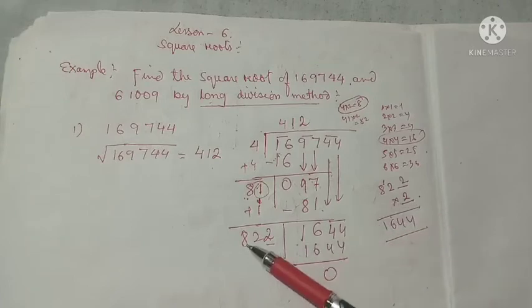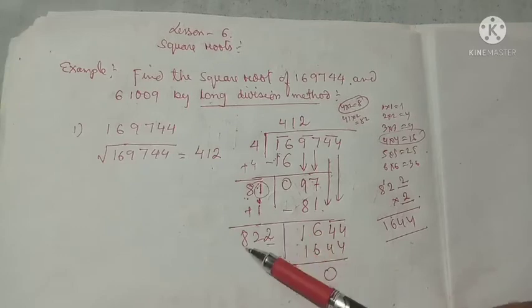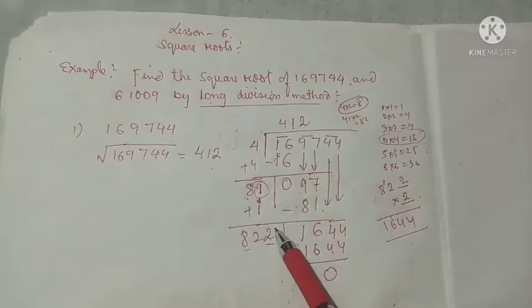Now in the same step, we add 1 and you will get 82 here. So we are going to find this missing number.